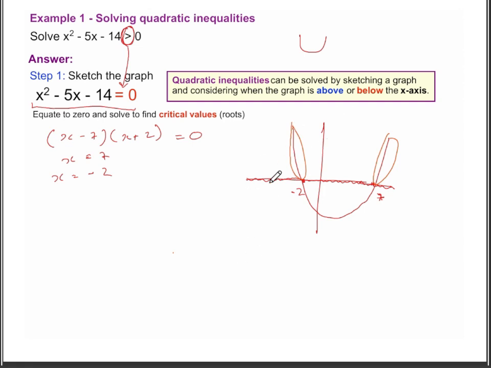So what we're looking for is every x value, obviously we are solving it in terms of x, every x value that is less than negative 2, yes, and obviously every x value that is greater than 7. And these two are going to be the solutions of this quadratic inequality. Okay? So that's how you are supposed to solve quadratic inequalities.